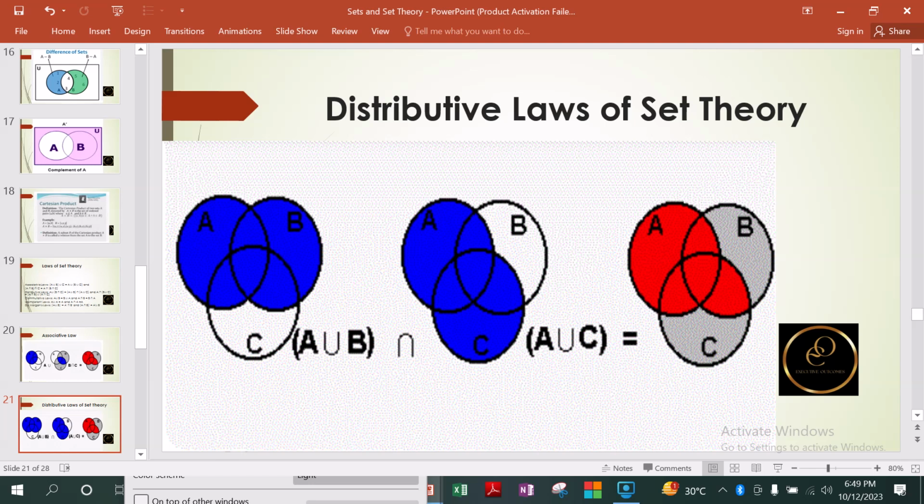Then you have this part which is A intersection C complement B. This part is also covered here. Then you have also A intersection B intersection C. This part is also covered here because it will be overlapped.